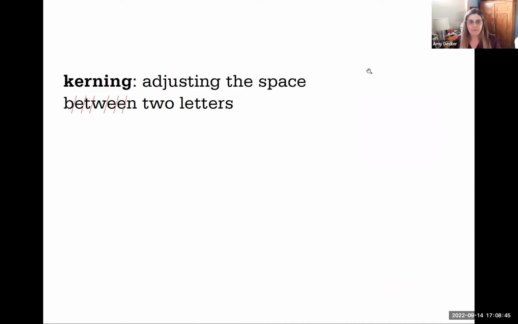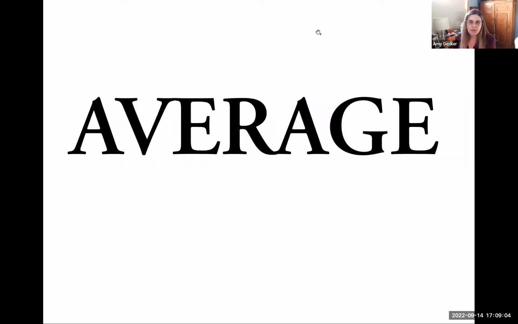Okay, kerning. Kerning is adjusting the space between just 2 letters, not the whole word, just 2 letters. And when we're working on our next assignment, we're going to be working with just 1 word, so kerning is going to become a big part of what we're doing. I want you all to look at this very carefully, at the space between these letters.